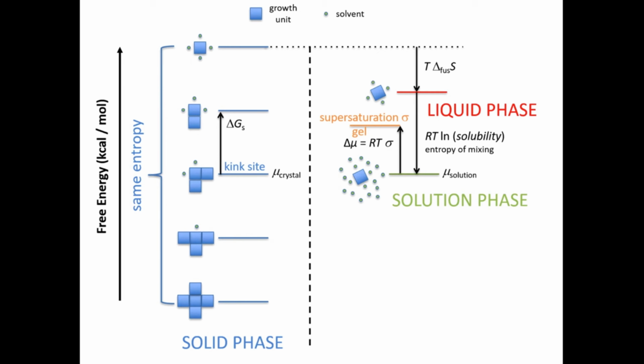Let's have a quick look at the energy diagram, which you can find in the Chemical Science paper which we published, which is essentially what we've just been doing for the net type of crystal, whereby the kink site here in the middle of the energy sites for the crystal of interest defines the chemical potential of the crystal, and we've then been defining a supersaturation relative to that, or it could be an undersaturation if it was below that.